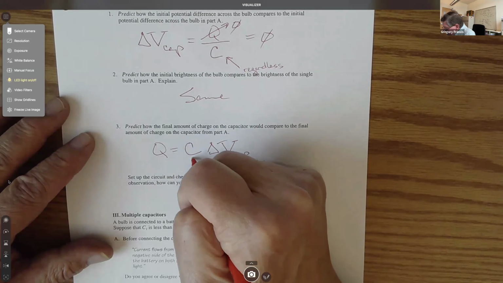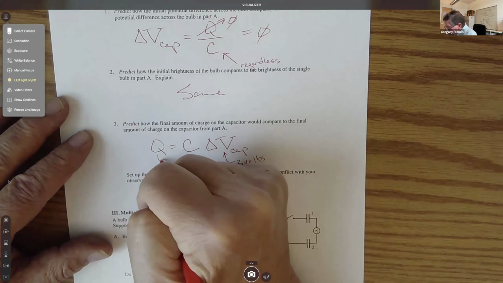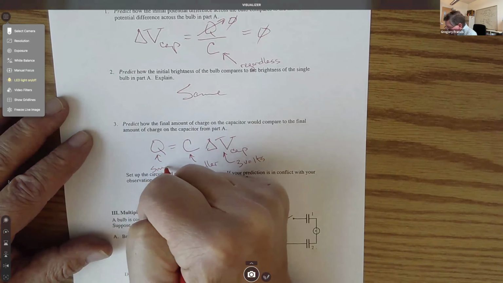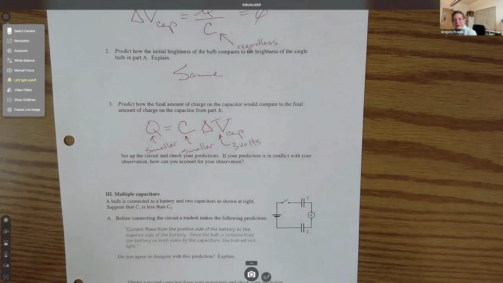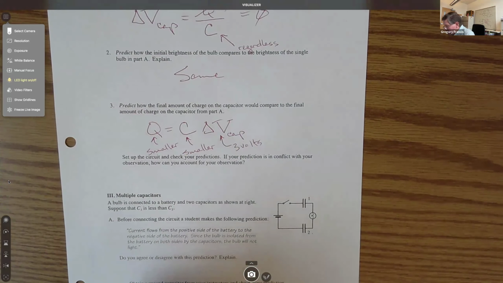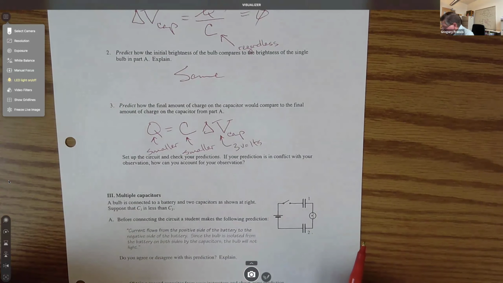But now if the capacitance is smaller, I'm going to have less charge stored. And that should just make sense. Capacitance is how much charge you can store for each 1 volt. Well, if I can't store as much charge for 1 volt, I'm not going to be able to store as much charge for 3 volts. And so the charge is going to be less.